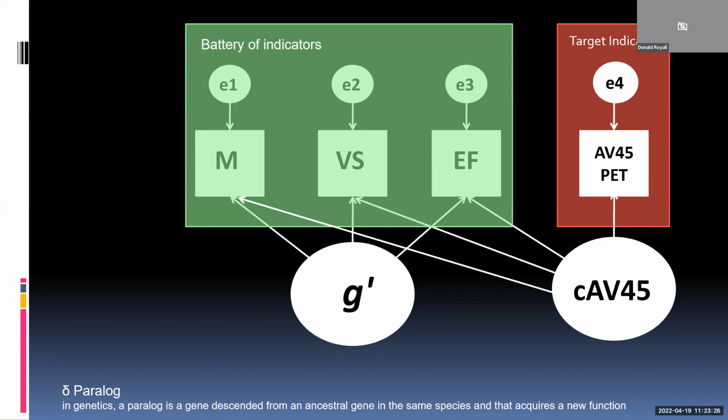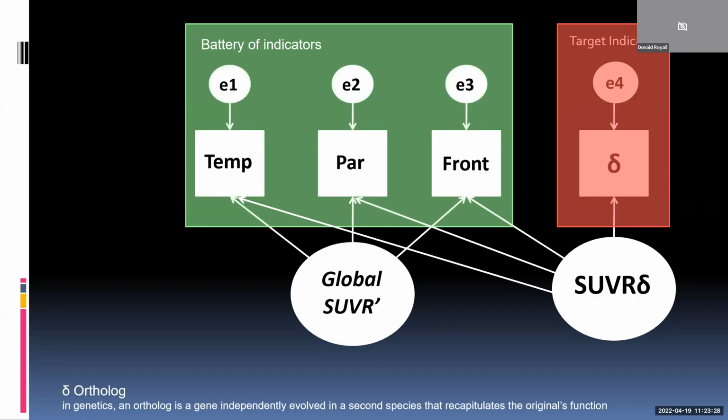Now, let's do something else. What if we did this and changed the indicators? And now the indicators are imaging biomarkers, different regional amyloid deposition by PET. And what they share with a new target, delta in this case, or D score, now the latent variable would become the imaging correlates of dementia, which would also be clinically very interesting to model, but it wouldn't be D anymore.